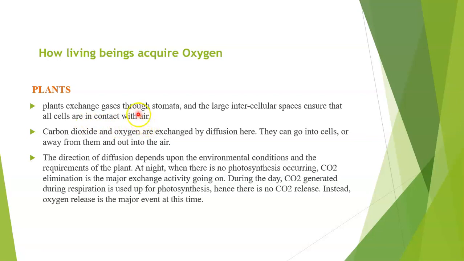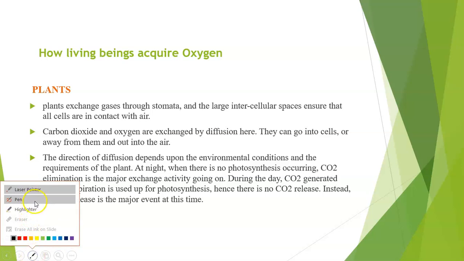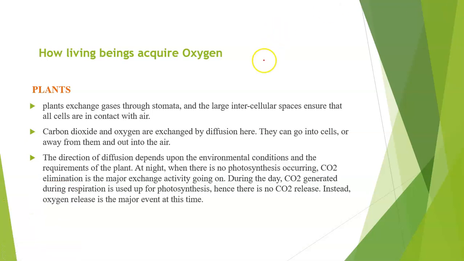ठीक है, हमने plant के structure में पढ़ा था कि plants की leaves में एक structure होता है. Okay, the plant leaves have structures like this. So these structures we call stomata.